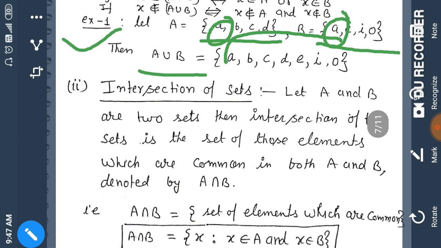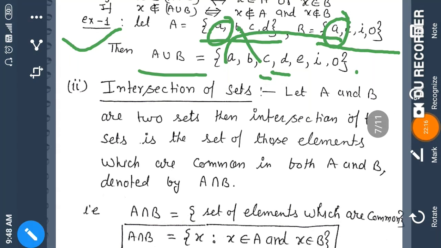Similarly, b is here, but b is not here, but b will be here. Similarly, c is here, c is not here, so c is there. d is here, d is not here, d will be there. Similarly, e, i, o, u. So we see that all elements a, b, c, d, e, i, o, u are in A union B.